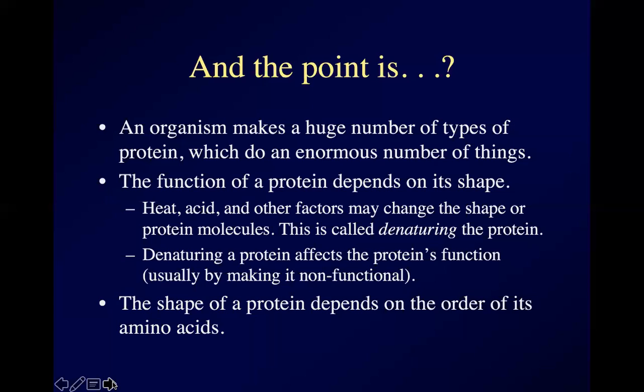Another example of denaturing proteins. Your hair is made of protein. There are chemical treatments that will change the shape of hair molecules of the protein keratin that are in your hair. You can change the shape with heat and chemical treatments. And if you change the shape of the molecules of keratin that make up your hair, you change the shape of the hair shaft.